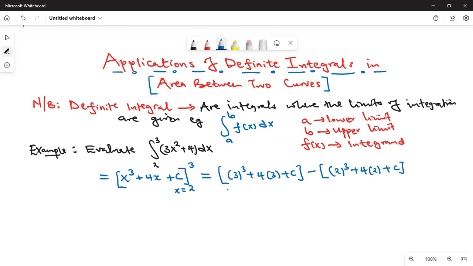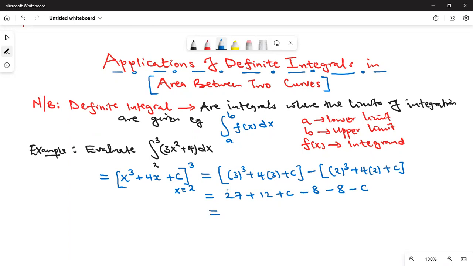And so you see this one will now give us 3 cubed is 27. 4 times 3 is 12, then plus c, minus 2 cubed, that is 8, minus 4 times 2, that's another 8, then minus c. And so when you simplify, what do you get?